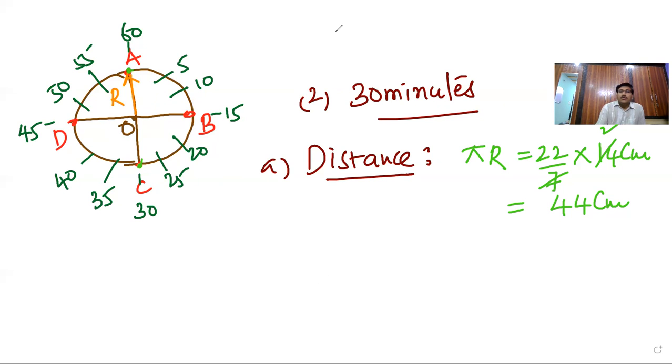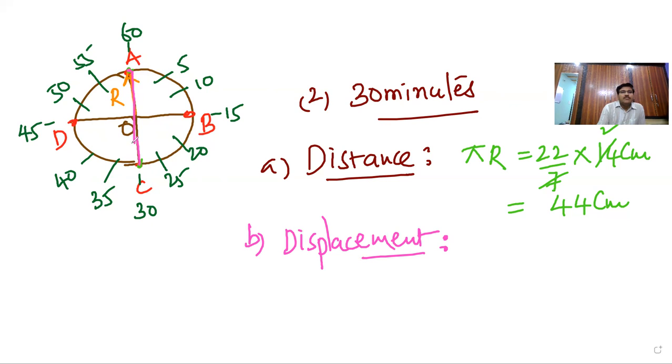Clear? Now, what does it require? The second thing is displacement in this case. Displacement it requires. Initial position is A, final position is C. So displacement is the shortest distance between A and C. A to C means connecting A to C. So this is the diameter.